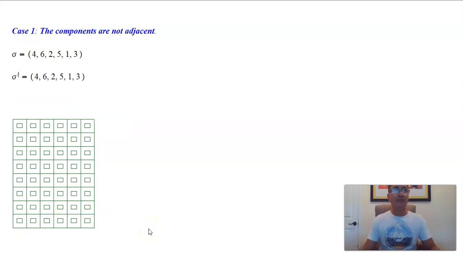Okay, so now what happens if the components that we switch are not next to each other? They're not adjacent. So we switched 2 and 5 earlier. What if we now switch 6 and 1? So they're a little bit of distance from each other.